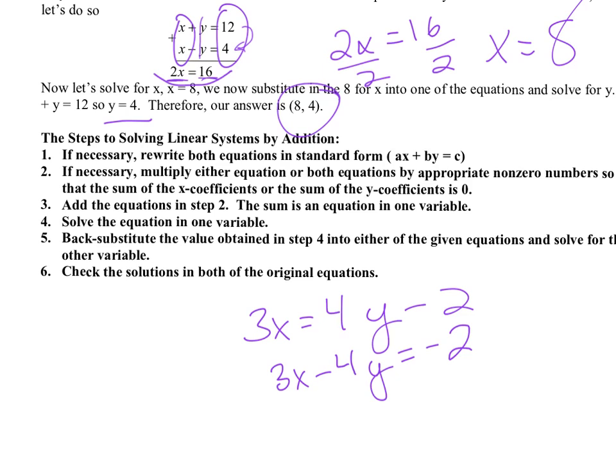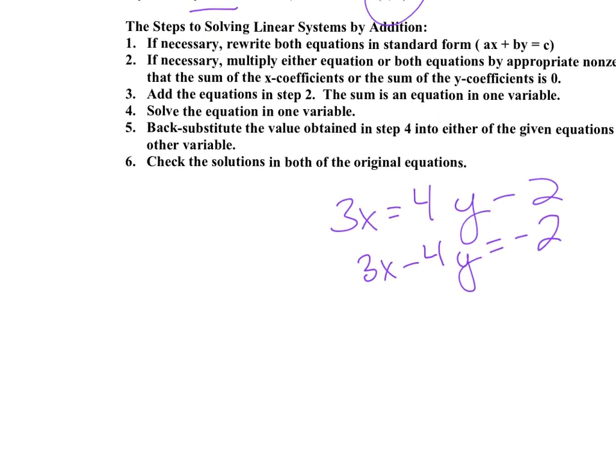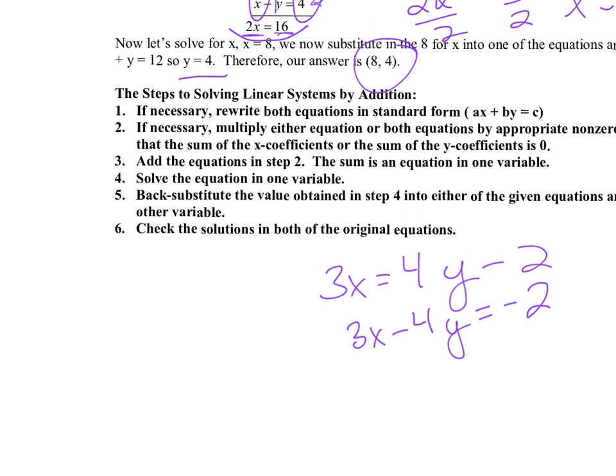Number two, if necessary, multiply either equation or both equations by an appropriate non-zero number so that we can eliminate one of our variables. So again, if I had something like 3x plus 2y equals 7, notice I can't easily add these and get rid of something.